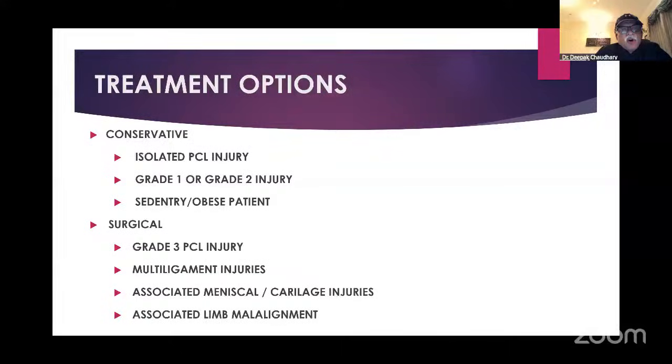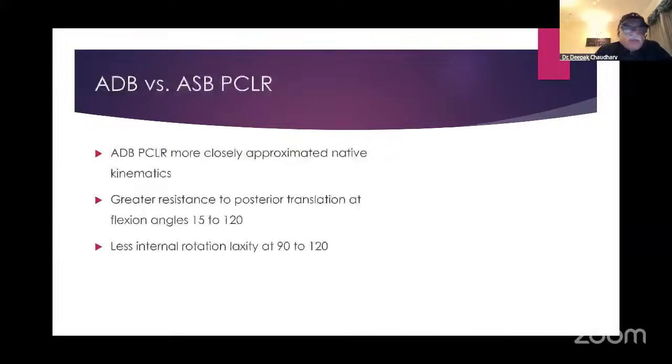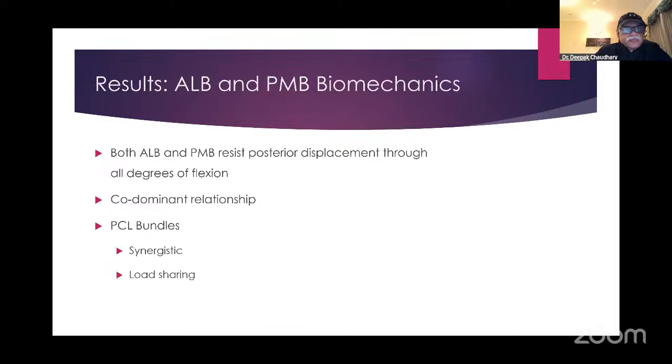We know the biomechanics and the anatomy now, and the double bundle PCL more closely approximates the native kinematics, and there is greater resistance to posterior translation. We all know that the bundles now have co-dominant action.